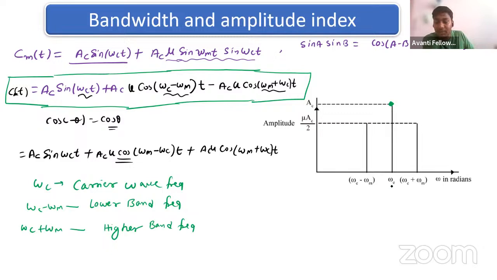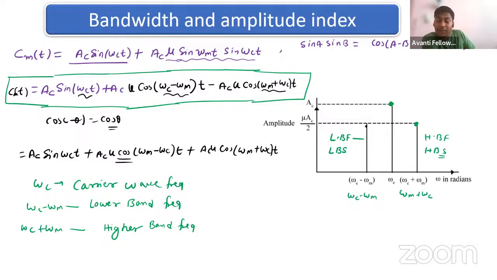I can write here: this is omega m plus omega c, and this is omega c minus omega m. This will be the lower band. Okay. This will be the higher band frequency. Sometimes it is also called lower band side LBS and higher band side.